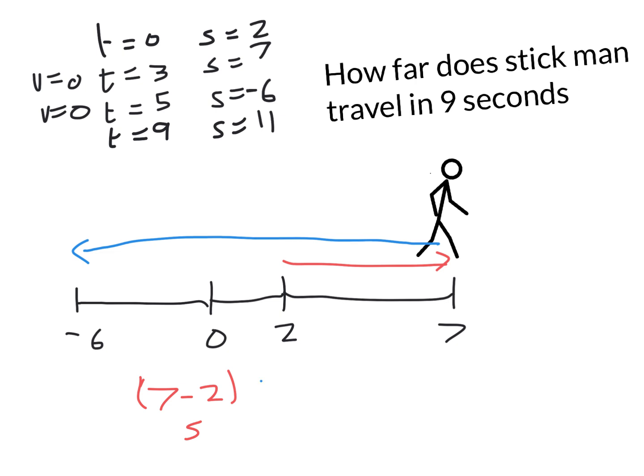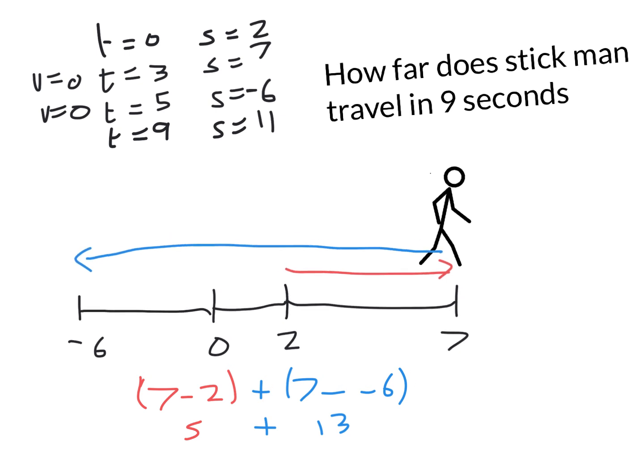So that's a distance of 7 take away -6, or 13. So at 3 seconds he was stationary at 7, and then after 5 seconds he's over here at -6. So he's travelled 7 and another 6, he's travelled 13 meters.